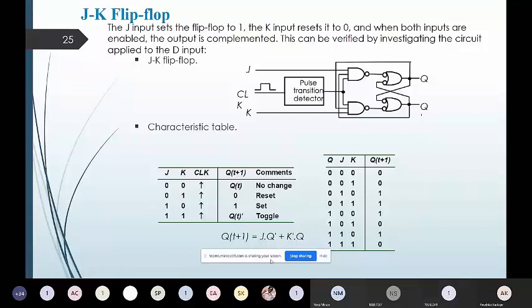So you will get the output equation for next state Q of t plus 1 as J Q dash plus K dash Q. So this equation is said to be the characteristic equation for the JK flip-flop.